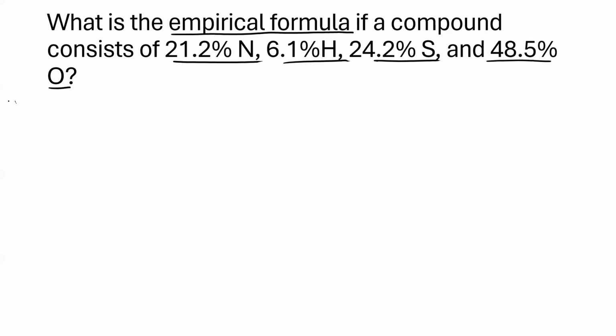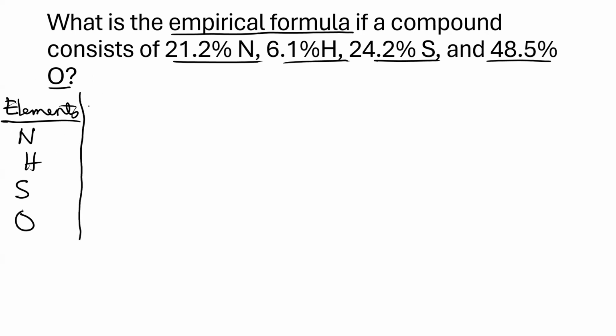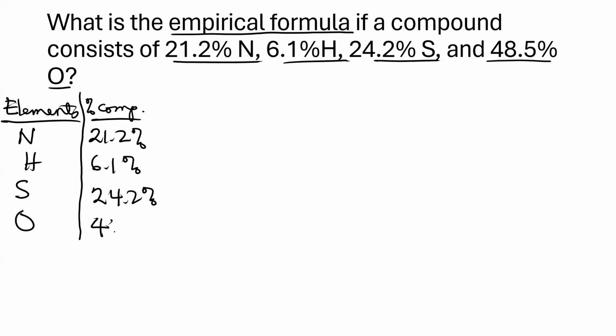So still the drill is to write the elements in the first column, and our elements are nitrogen, hydrogen, sulfur, and oxygen. Like in the previous problem, we write the percent composition of the compound based on the given: 21.2% for nitrogen, 6.1% for hydrogen, 24.2% for sulfur, and 48.5% for oxygen.